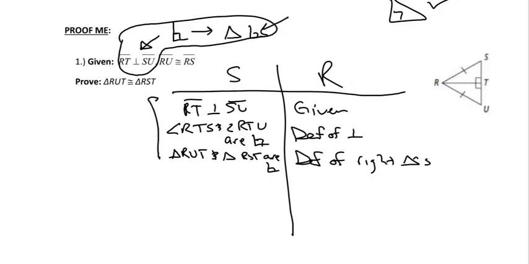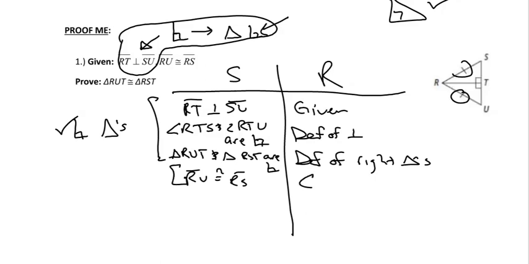This part is us checking off our box for right triangles. Check. Now, RU is congruent to RS, that would be given, and that checks off our box for the hypotenuse part. Check.